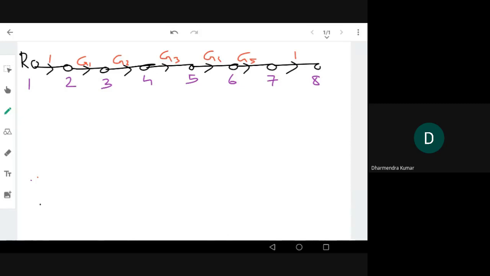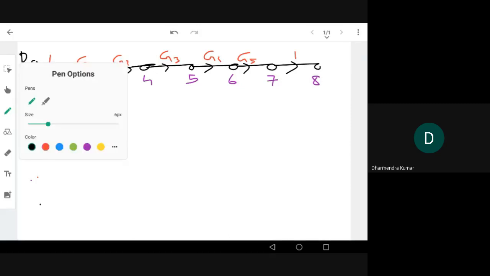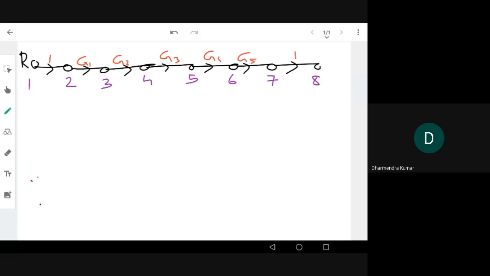Okay, now the question continues, somewhere branches or feedback paths are there. From 2 to 5 I have another forward path. Okay, here I should show the arrow here.